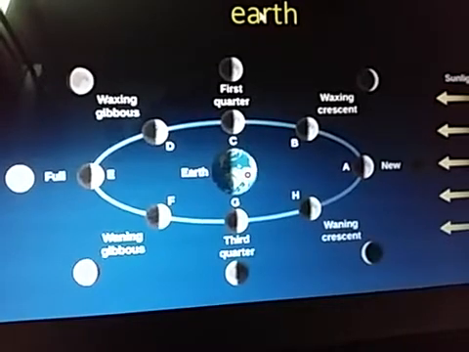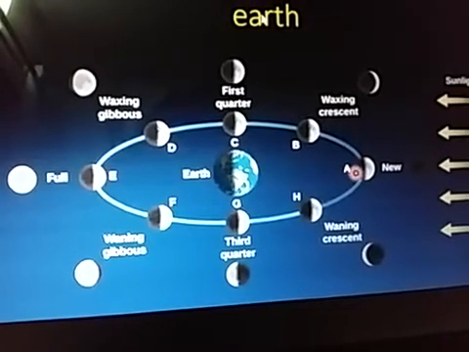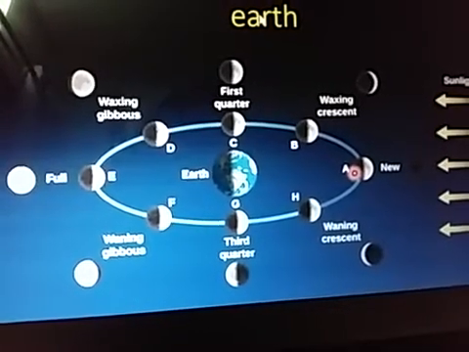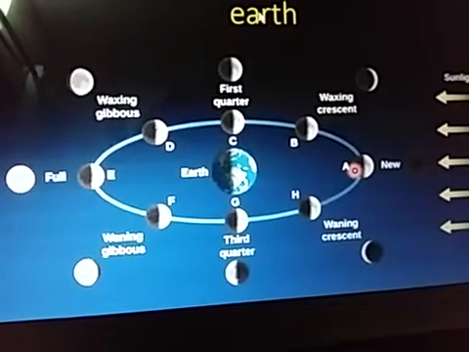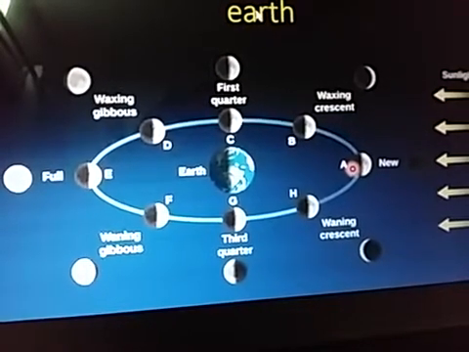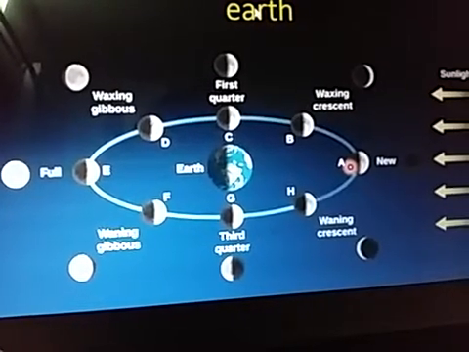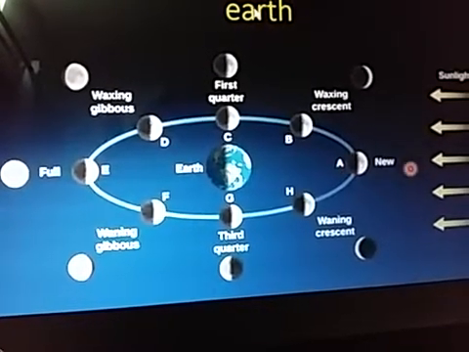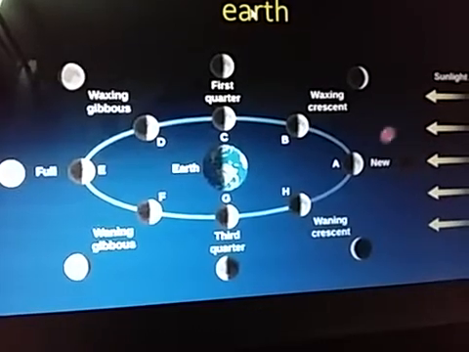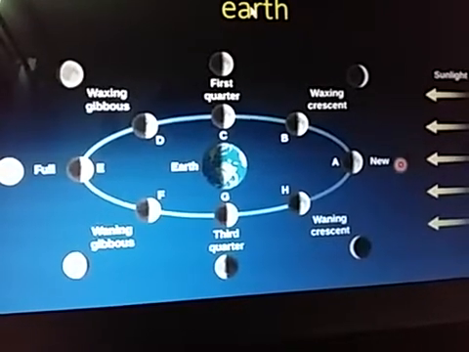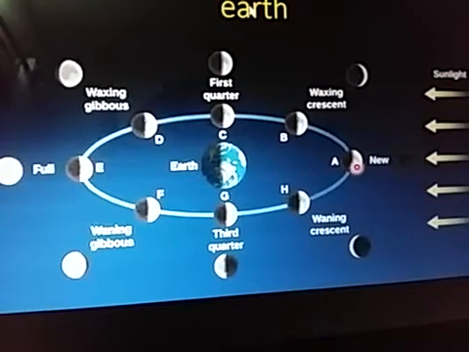And we on earth are facing this side, and that is why we don't see the moon at all. It looks like the moon is not there. It is invisible to us, and we call this a new moon or amavasya. Akashe chand thakei na.